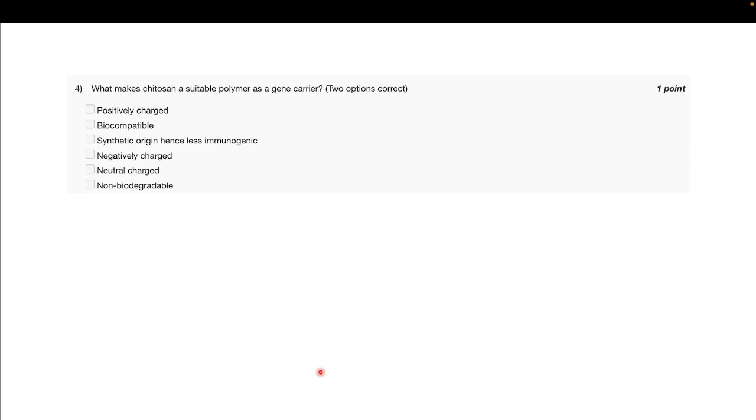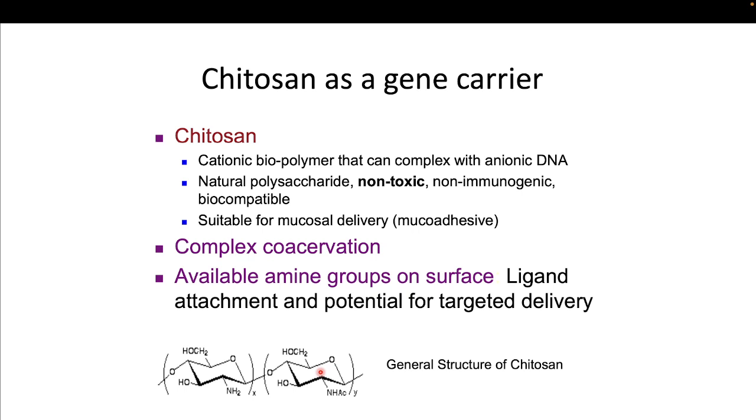Option 1 and 2. Okay, yeah, thank you both of you. So yeah, both of you are correct. The correct answer is positively charged and biocompatible. So chitosan is used mostly as a gene carrier because first of all it's positively charged and it's biocompatible. So you have to choose a polymer which is biocompatible, because you don't want the immune response to be elicited against the polymer itself. So yeah, that's all in this question.